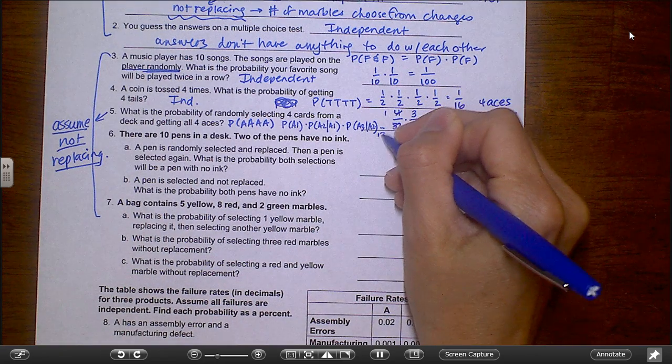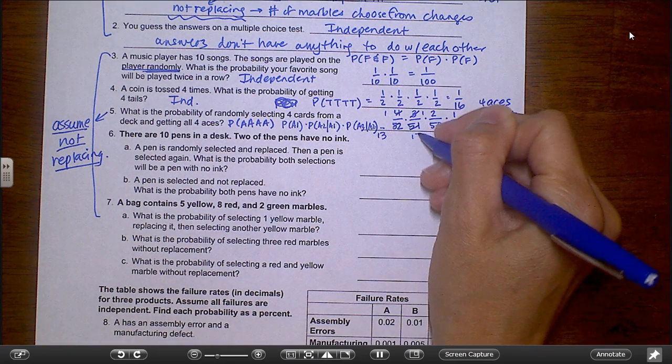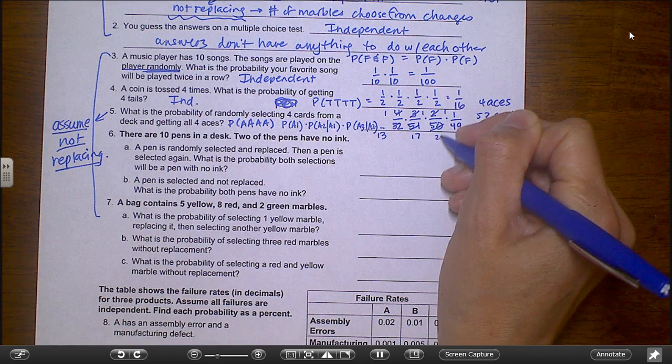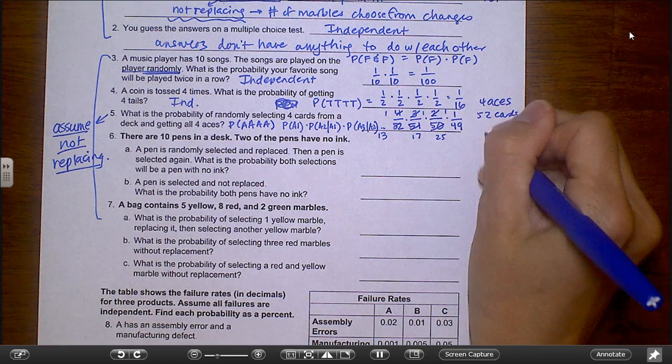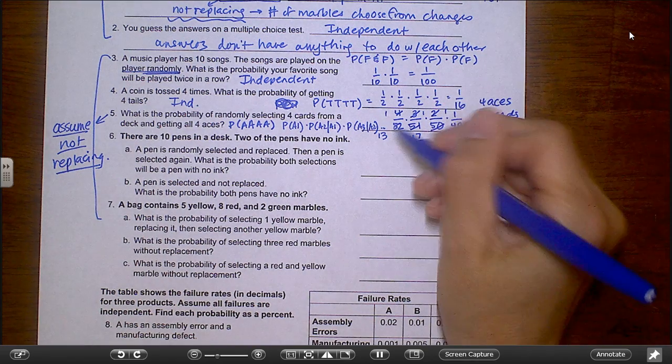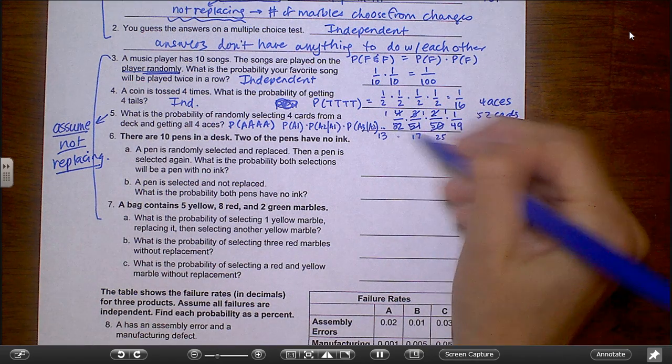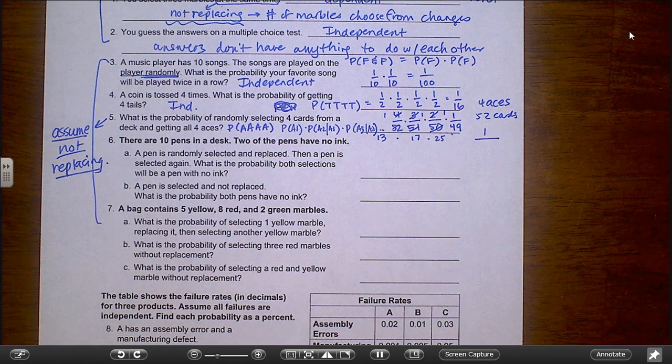So that's 1, that's 13, that's 1, that's 17, that's 1, that's 25, and then 49 doesn't reduce. So 1, 1, 1, 1 is 1. And now I just have to multiply 13 times 17 times 25 times 49. I almost put 79 in my calculator. That would have been wrong.